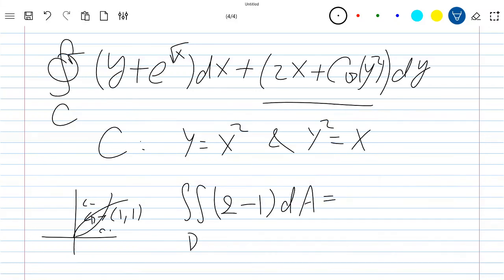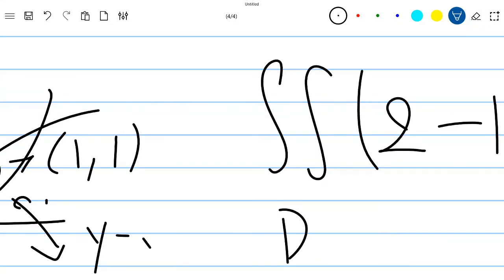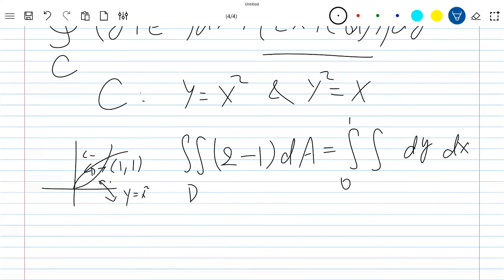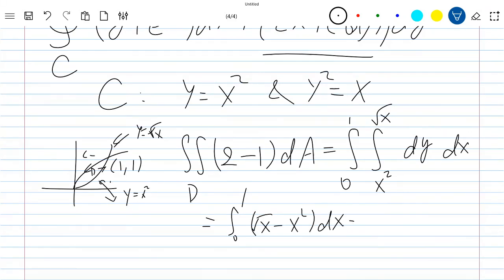So that's really nice. So you can just find out the, let's say dx dy, and x is from 0 to 1, and y is from the lower one. What's this one? Y equals x squared. Right? And the other one is y equals root x. So x squared to root x. And then you have 0 to 1 root x minus x squared. Right?